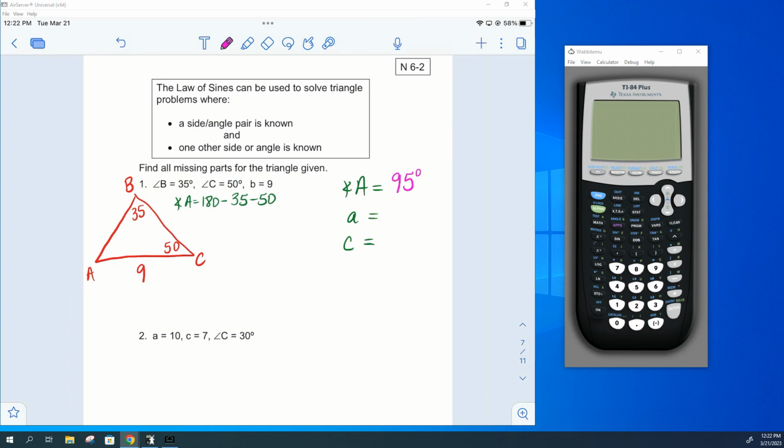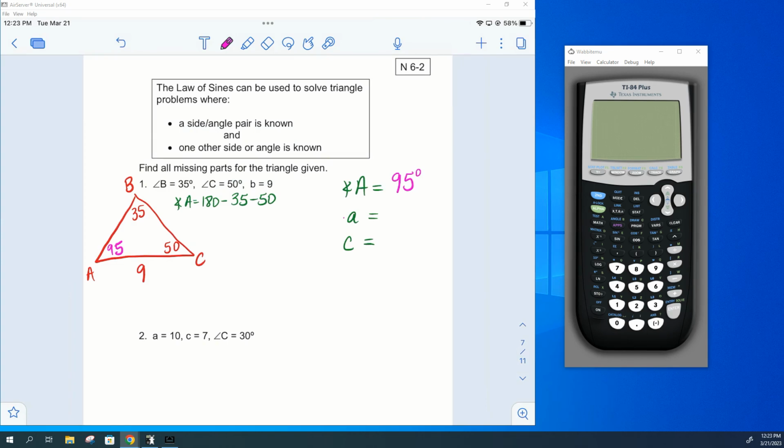Now, let's go for a or c. The good news is I'm going to go ahead and write 95 right here. Really and truly, I could go for either of those first. I have side a right here, so I'll just go with that. I could find sine C before I found A. It just doesn't matter. But here's the deal.